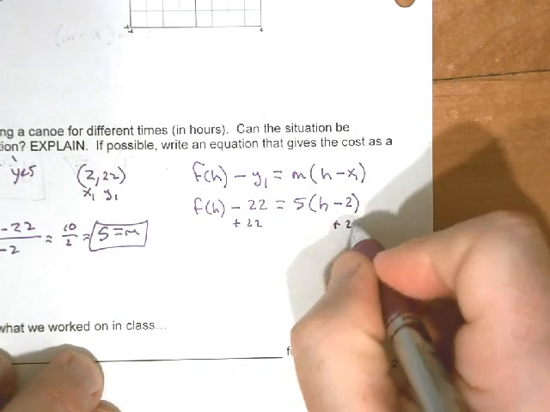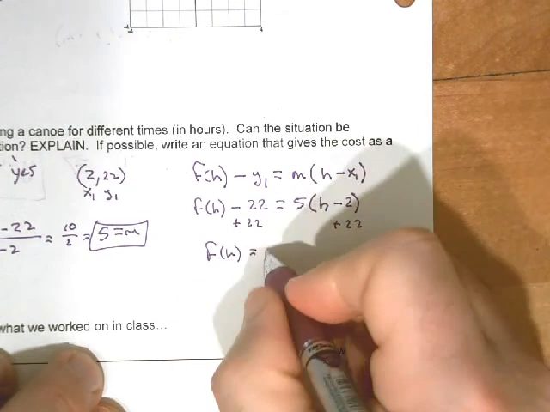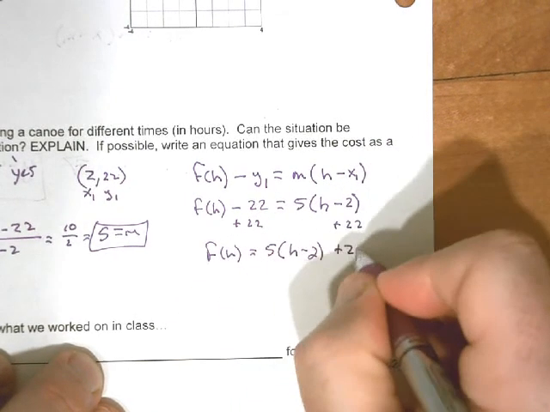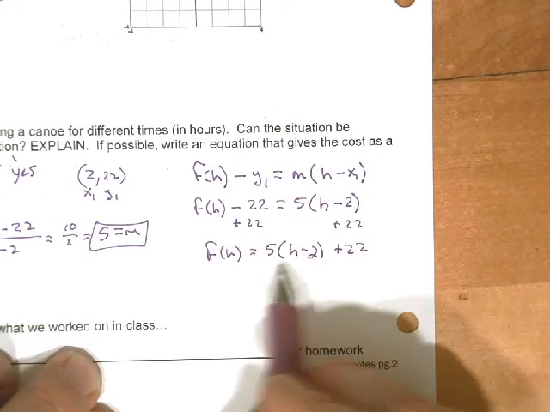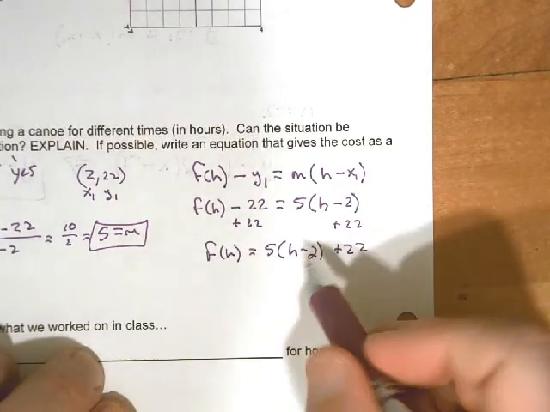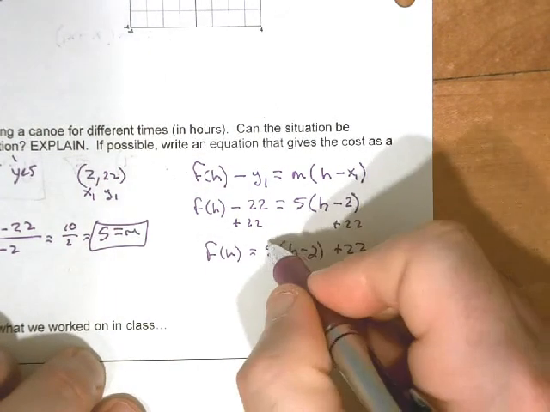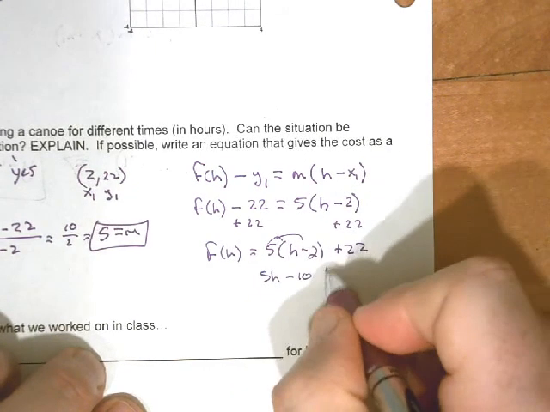Cleaning this up, we want to get f of h all by itself, so we're going to add 22 to both sides. So f of h equals 5 times h minus 2, plus 22. I want to clean this up fully so we don't have to do any extra math when you give someone the function.